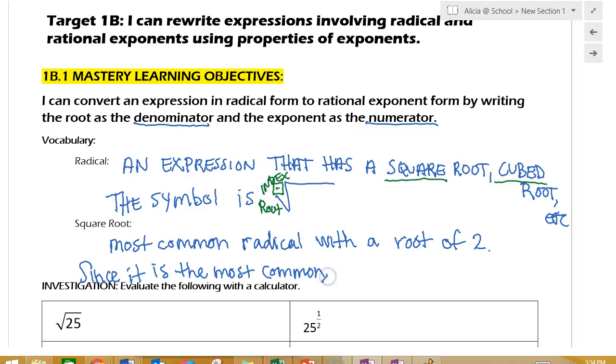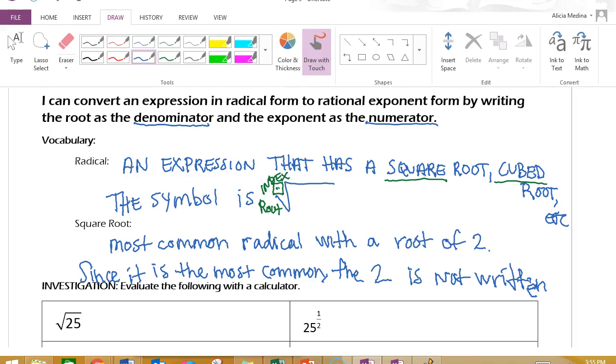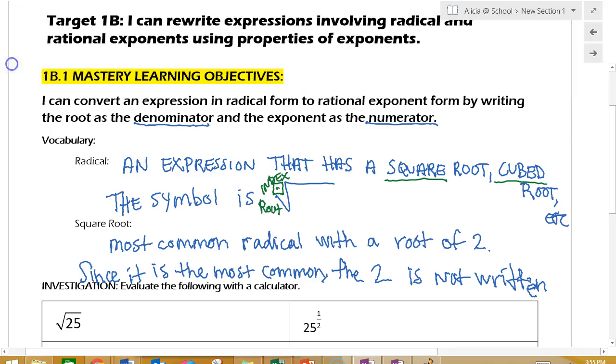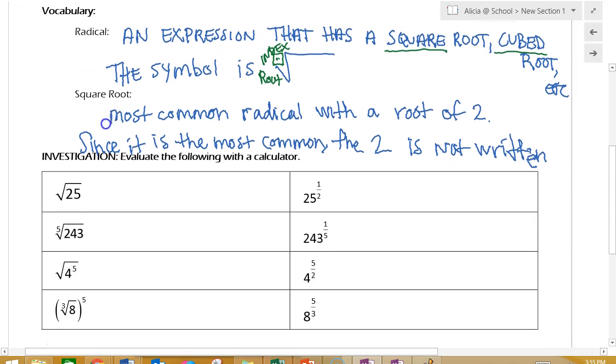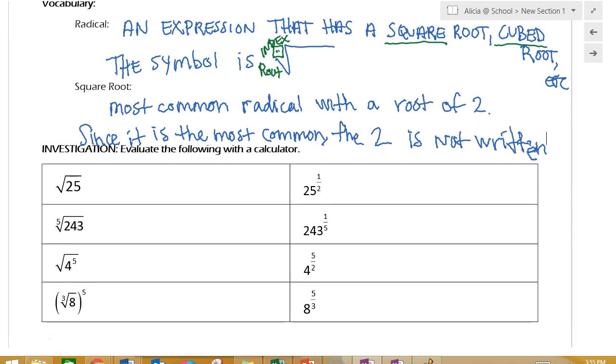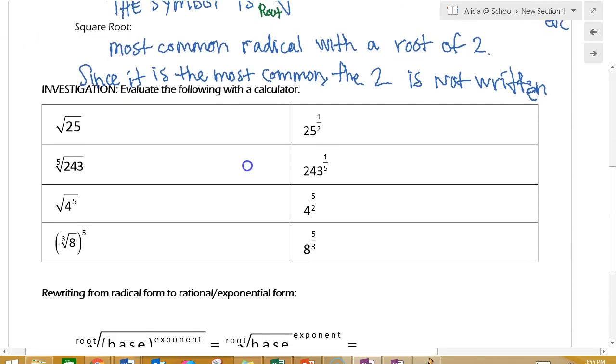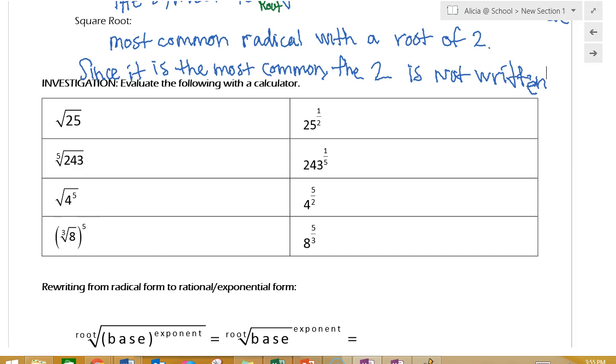The 2 is not written. Think back to the previous videos when we were working with coefficients. Sometimes if the coefficient was a 1 in front of our variable, you never really saw it being written. Same thing with our square root. Since that 2 in our index spot is the most common, you never really see it.